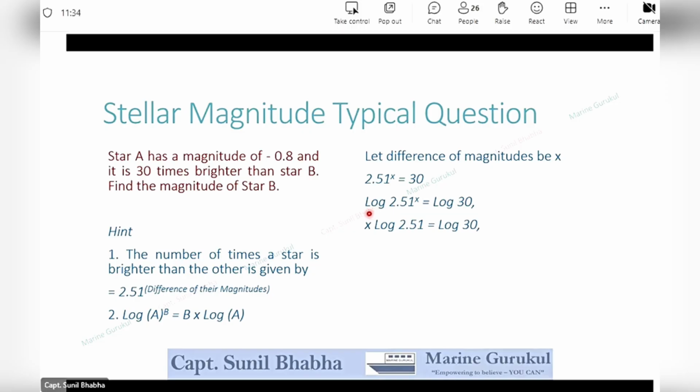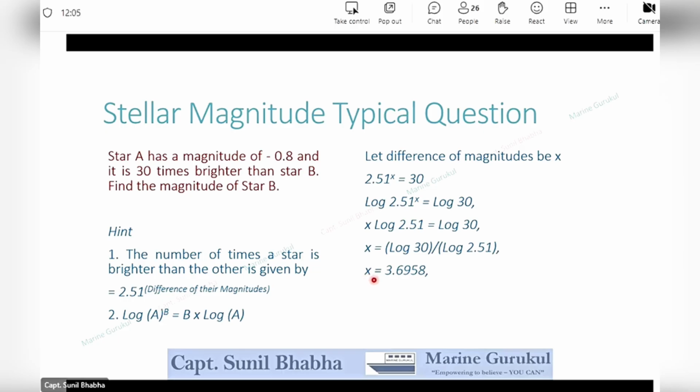Similarly, log of 2.51 raised to power x is equal to x multiplied by log of 2.51, and this is equal to log of 30. Now keeping x on one side and taking the other items on the opposite side, we get x is equal to log 30 upon log of 2.51. We can easily solve this using our scientific calculators.